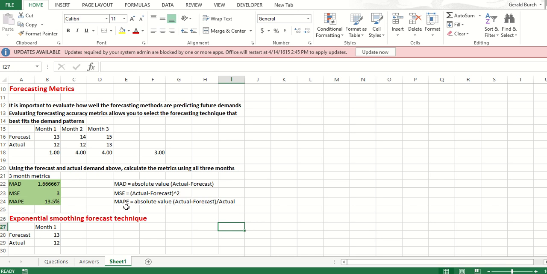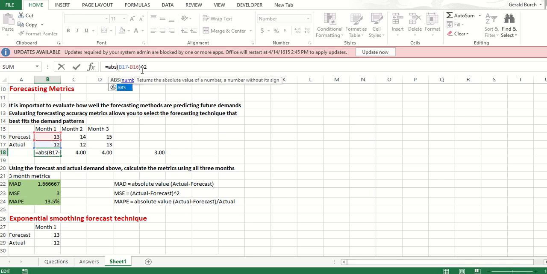The last way we can look at this is through a mean absolute percent error. And so what we're doing here, we're going to once again take an absolute value as we did before, but this time we're going to take our actual minus the forecast, but now we want it to be a percentage of what we were really trying to forecast.